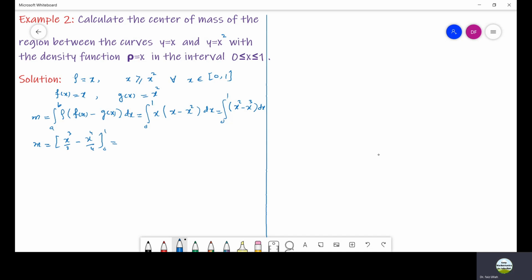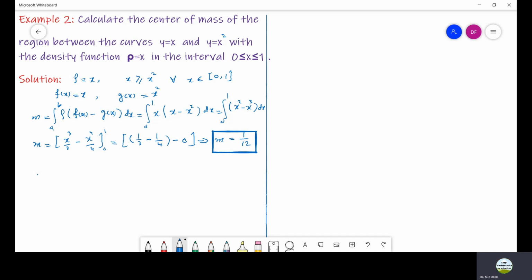The limits are from 0 to 1. Now we use the limits. If we put 1, we get 1 over 3 minus 1 over 4. And if we put the lower limit, we get 0. So if we simplify this, we get m is equal to 1 over 12.